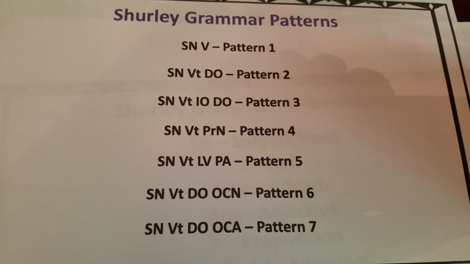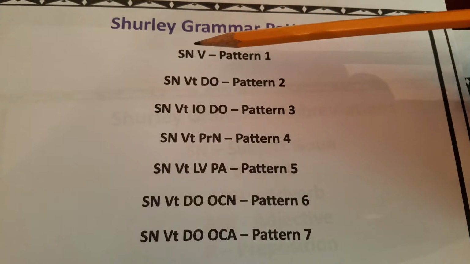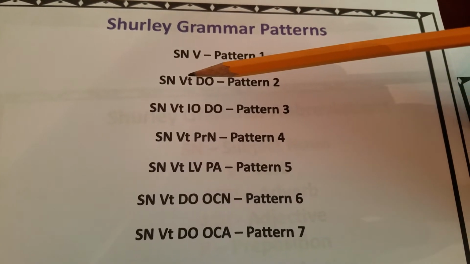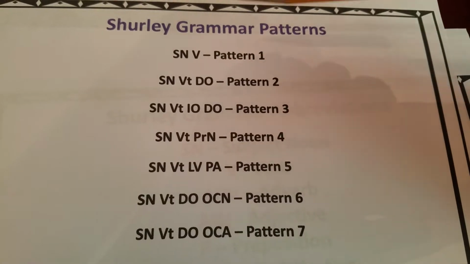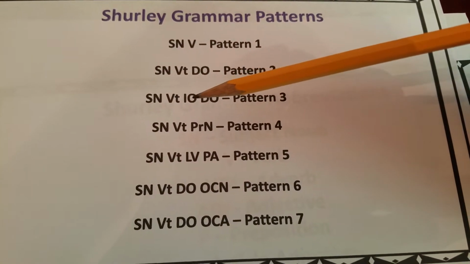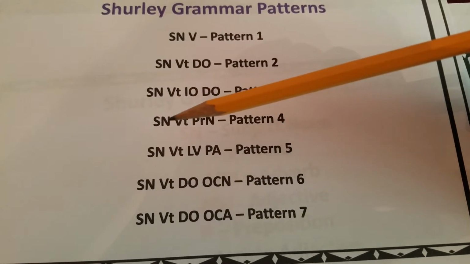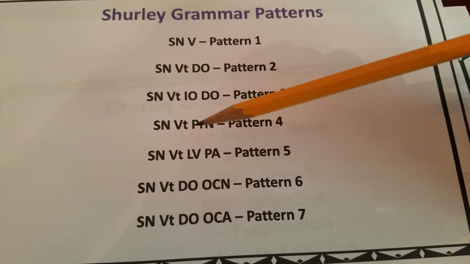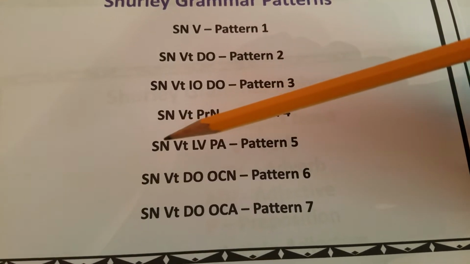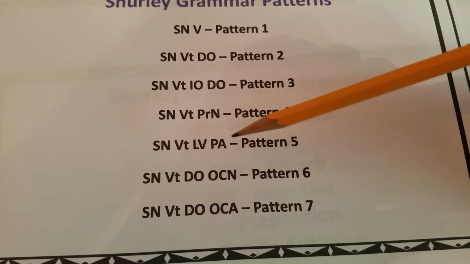One of the things that I want you to notice is that each pattern begins the same way. So there's subject, noun, verb, and then pattern 2 is subject, noun, verb, transitive, direct object. Pattern 3, subject, noun, verb, transitive, indirect object, direct object. Pattern 4, subject, noun, verb, transitive, predicate, noun. Pattern 5, subject, noun, verb, transitive, linking verb, predicate, adjective.